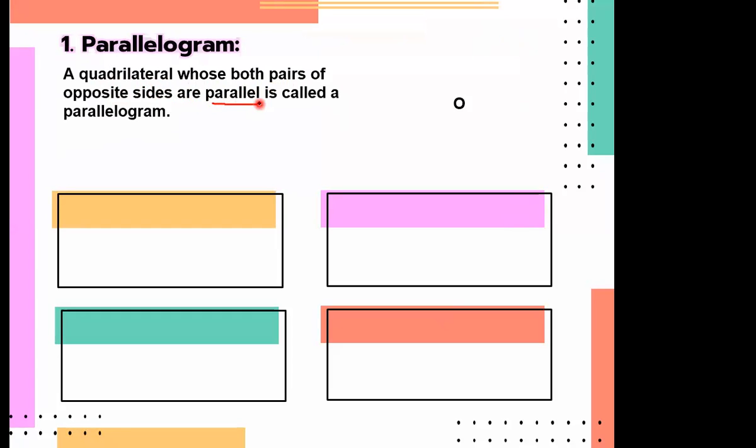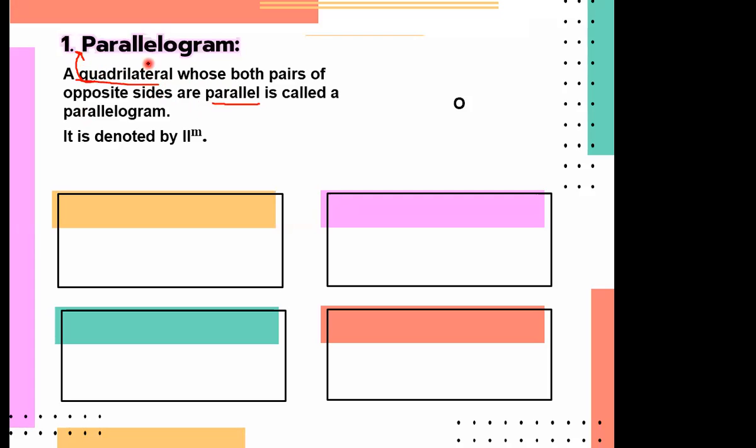If you have any quadrilateral whose both pairs of opposite sides are parallel, you will say that the given quadrilateral is a parallelogram.